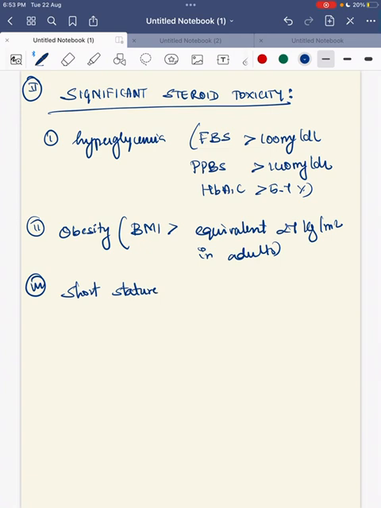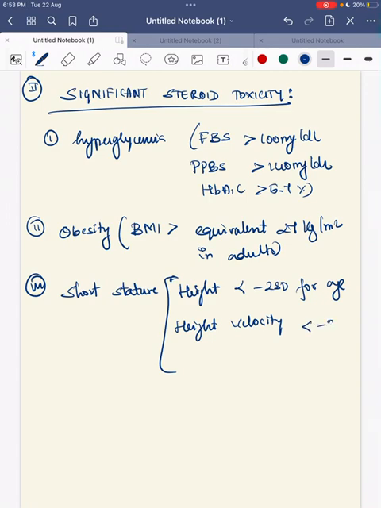Next is short stature. So you have to monitor the weight, height and glucose. Short stature you define as height less than -2 standard deviation for age, or height velocity less than -3 standard deviation for age. So height for age or height velocity for age.